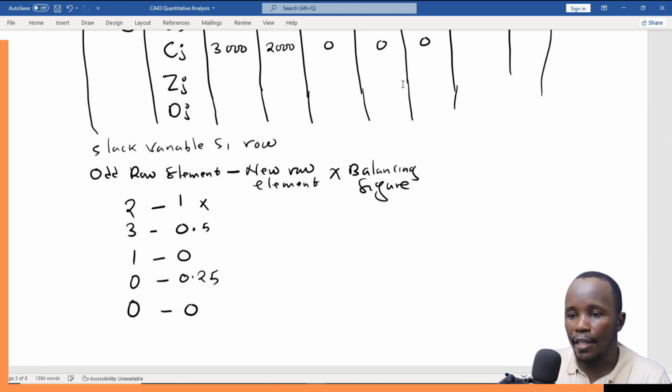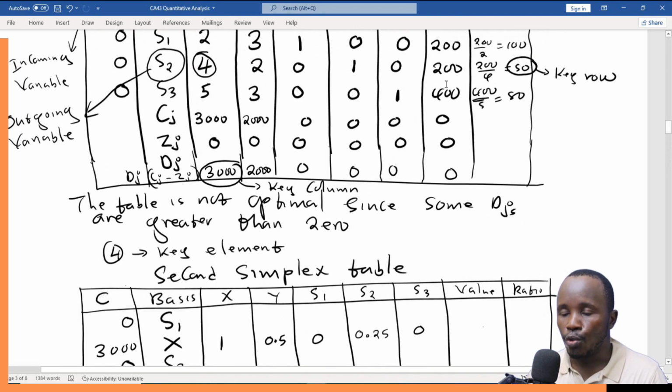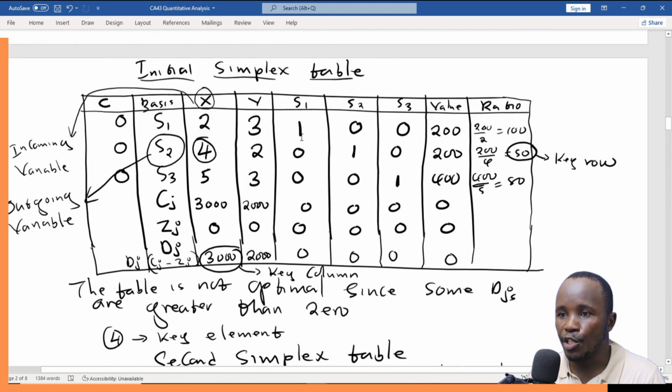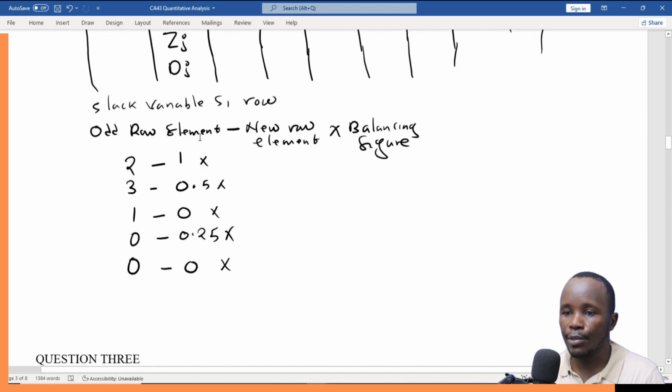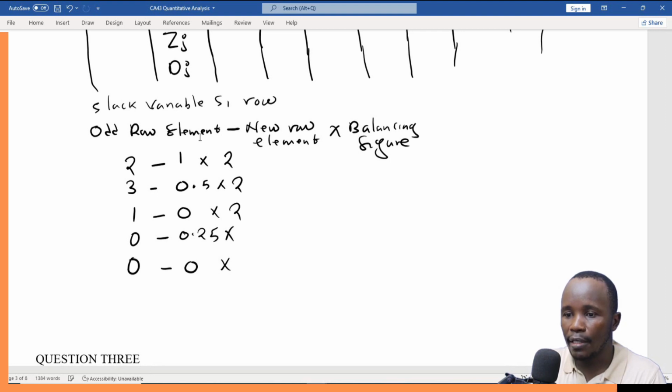Now I want to multiply this by the balancing figure. What is this balancing figure? You go back to your initial simplex table, you look at the key column and the element that coincides with the row that we are looking at here. This row is our row of interest. The element that coincides with the key column is 2. So that 2 becomes our balancing figure.